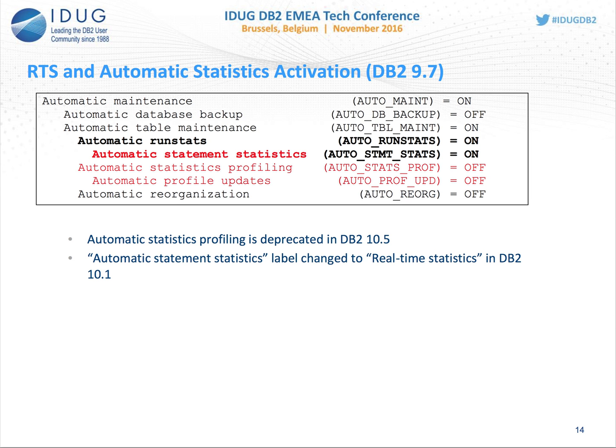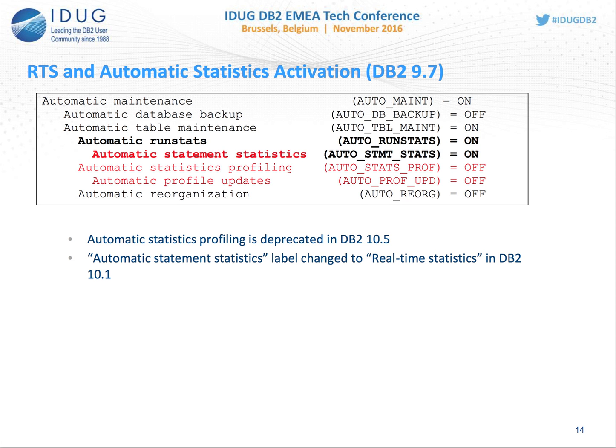And then there were two other configuration parameters that had existed from version 8 all the way up to 9.7: auto stats profiling and auto profile update. Those were removed in 10.5. They enabled a type of stats recommendation, where some of the stats I'm going to talk about later in the presentation were automatically recommended by Db2.